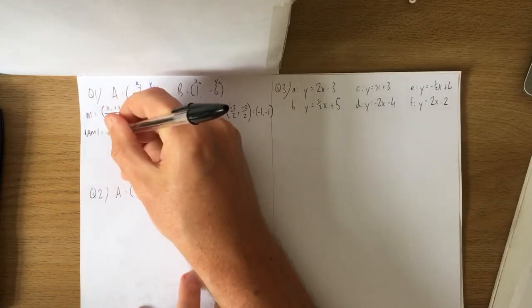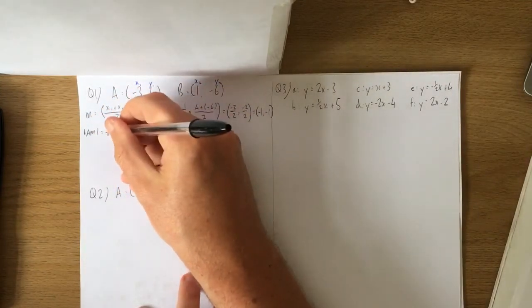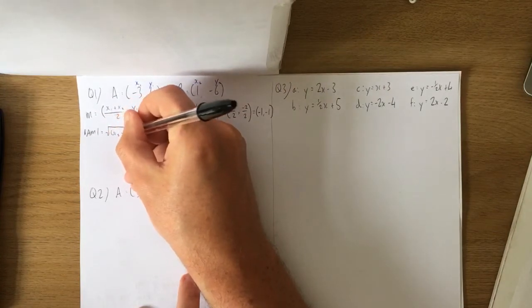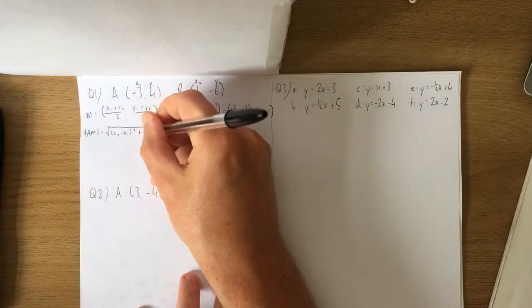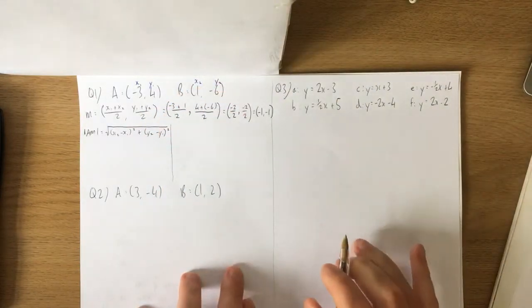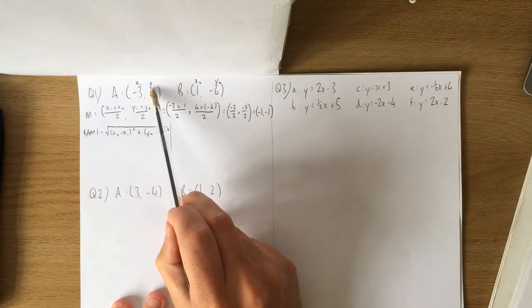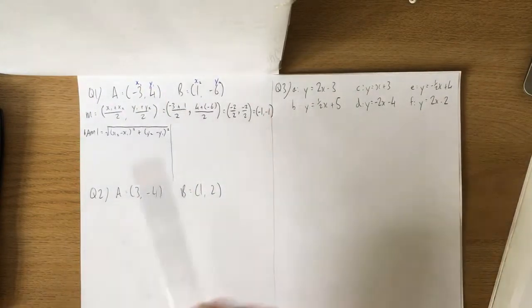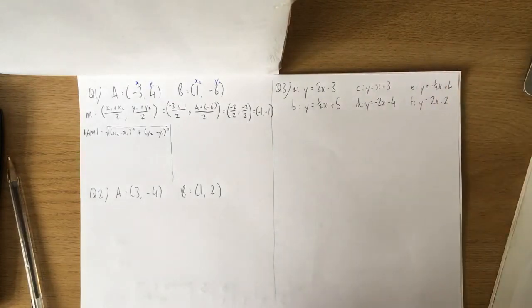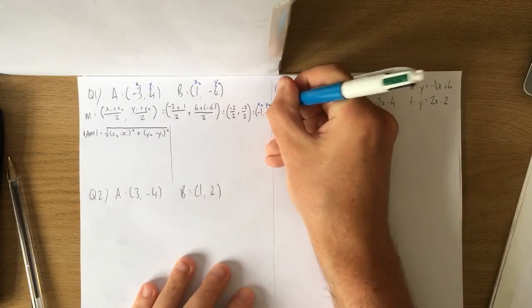So AM is equal to the square root of x2 minus x1 squared plus y2 minus y1 squared. A I've already called x1, y1, so let's call M x2, y2 for this one.